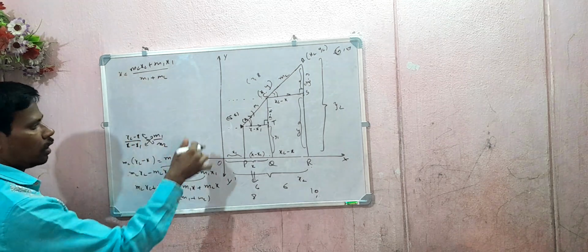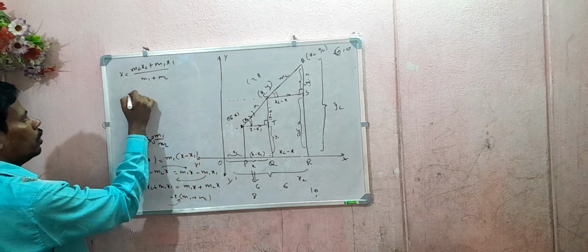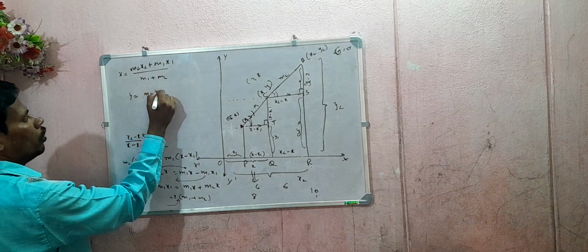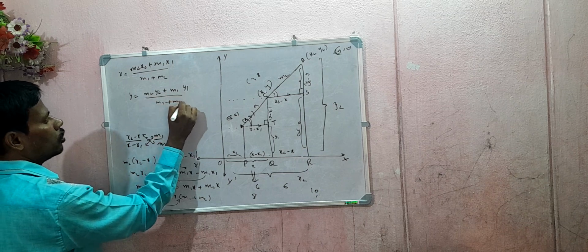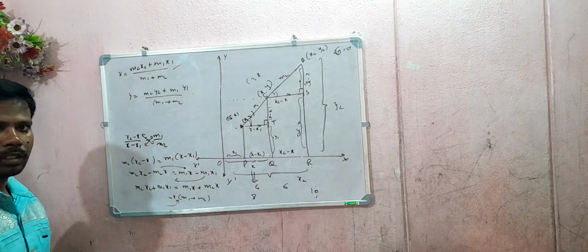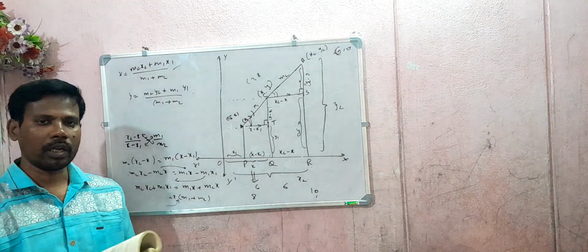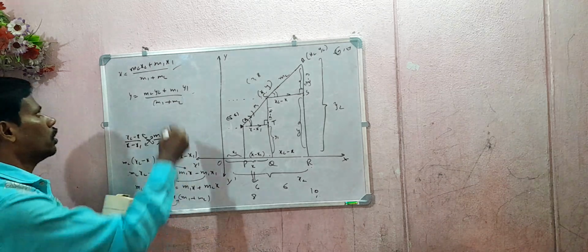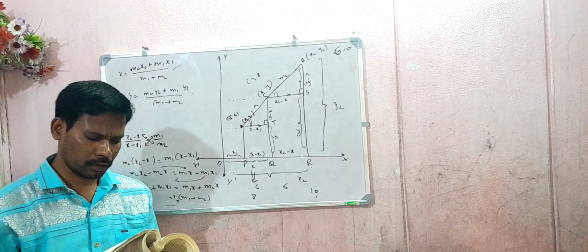Similarly, you find out the y value. Just now I wrote, from that you find the y value. The y value will be m2 y2 plus m1 y1 by m1 plus m2. That's how the section formula is derived. In the same way, if they ask for an external division, where the point is divided externally, wherever plus is there, you will replace it with minus. That's it.